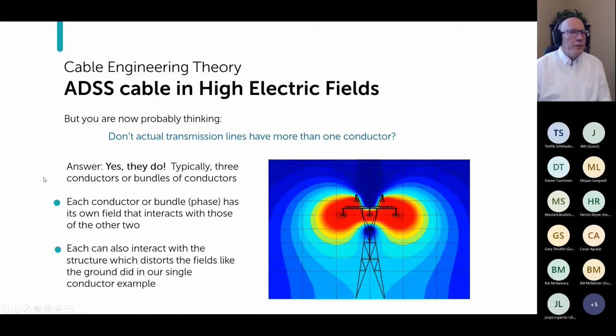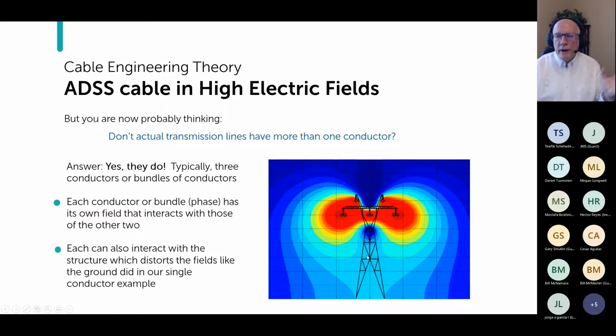Okay, so our example to define some terms was a single conductor above ground, but we all know that transmission lines have more than one conductor, right? Well, yeah, of course. And so when you have more than one conductor, or, as this picture shows, a bundle of conductors, each conductor's field radiates around it, but then it interacts with the field of the other two.